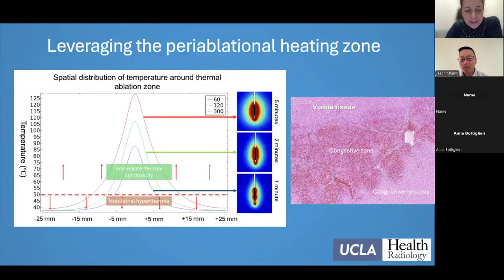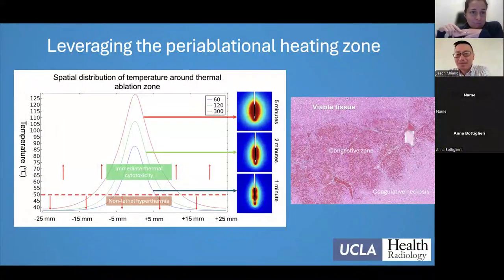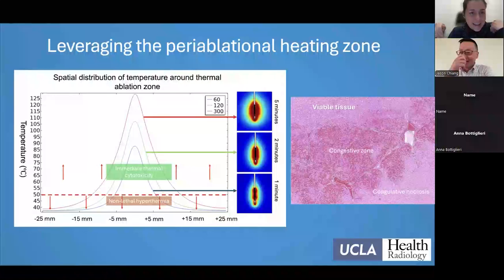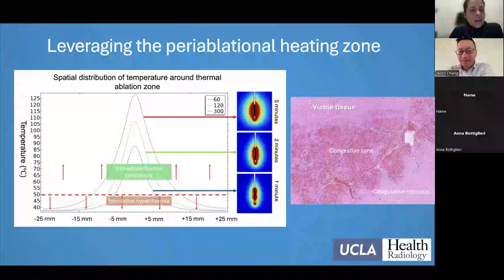I really appreciated your studies finding the best frequency for lung compared to liver, because we also experienced, in an experimental study with a commercial microwave device, where the manufacturer says, okay, these are the results for ex vivo liver, you can use the same settings to get the same ablation zone for the lung, which is completely false. Definitely not true. And I'm really surprised, because we struggle a lot with research.